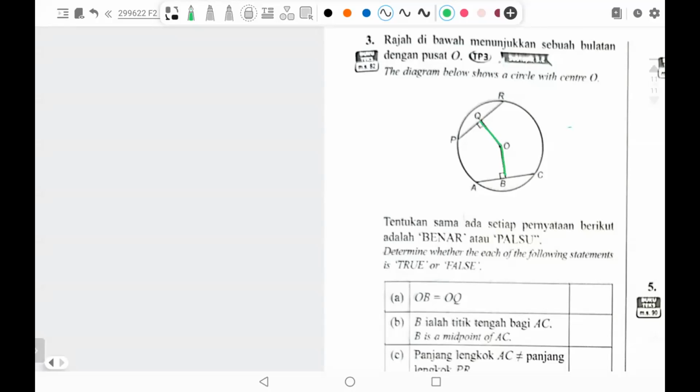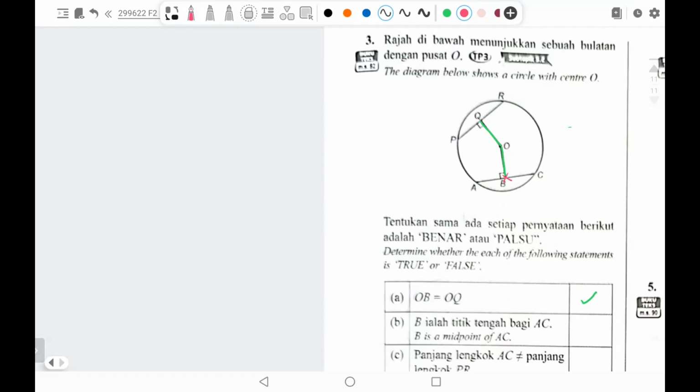Answer is true, because both PQ and ABC are chords. If you draw like that and you have a perpendicular line to the center, that means the lengths are equal. Then, is B a midpoint of AC? Midpoint means at the middle.